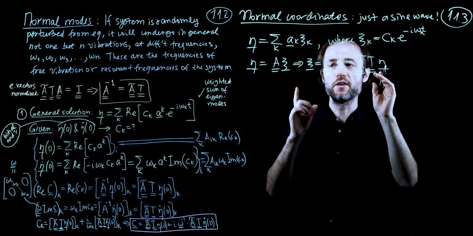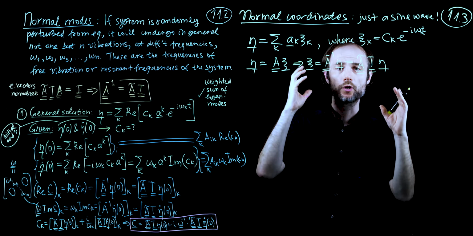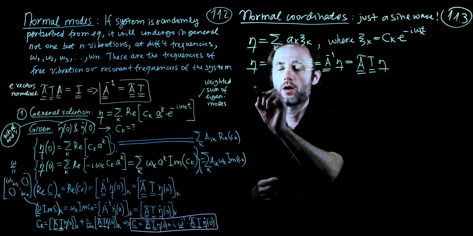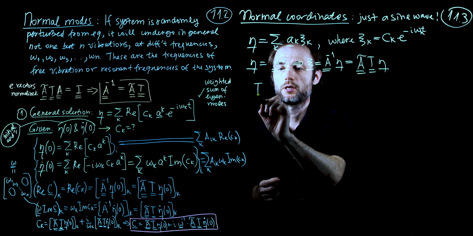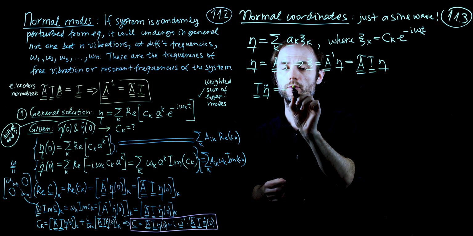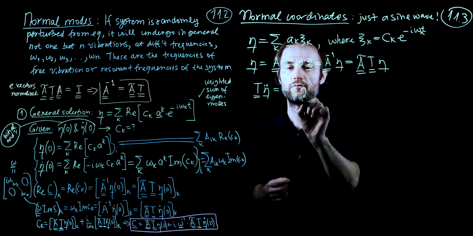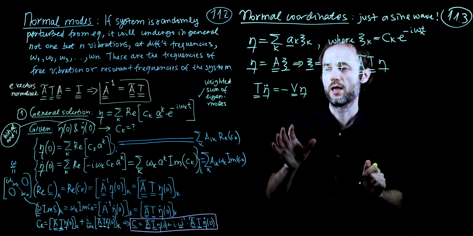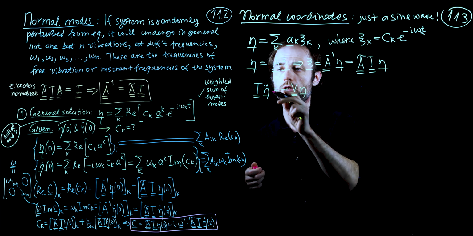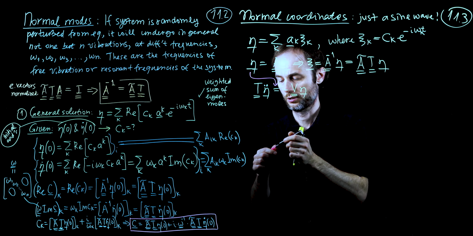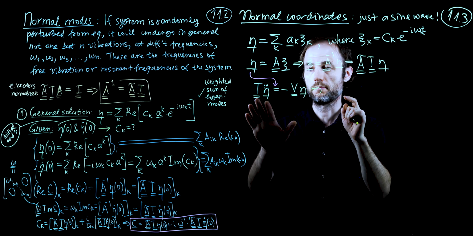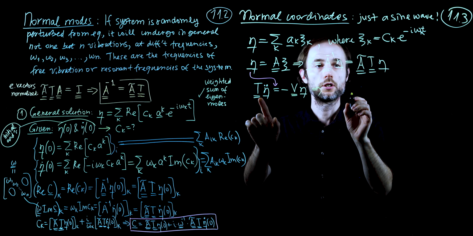And if we take our equations of motion, which are T times eta double dot is equal to minus V times eta, and we plug in this expression into here, then let's see what we're going to get.